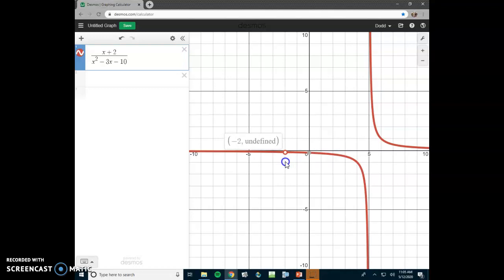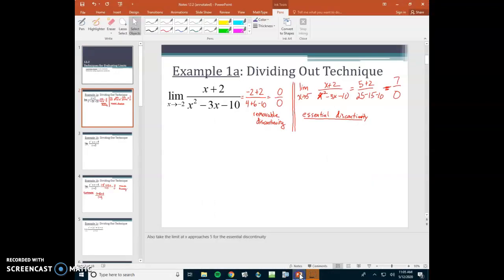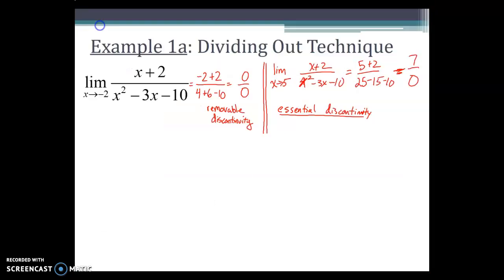We'll show that in a few minutes. But what's happening over here at x equals 5? Well, this is where that essential discontinuity comes in. This is that vertical asymptote. So recognizing the numeric values that get you removable versus essential discontinuity is a real important feature. Let's get back to the original limit, though.